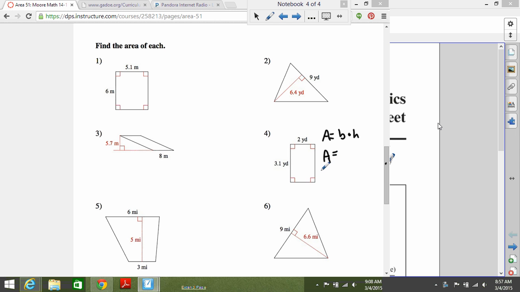Okay, what's the bottom? 2. How tall is it? 0.1. That's the height. A equals. Okay, what do you get? Okay.